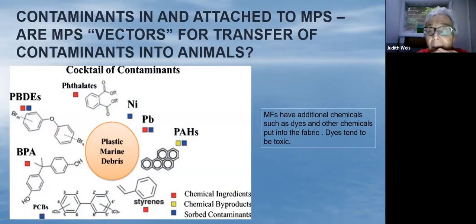And the next thing I wanted to mention is about the contaminants that are associated with it. We've got all these chemicals that are part of the microplastics. That could be these phthalates we talked about, and BPA and PBDEs.